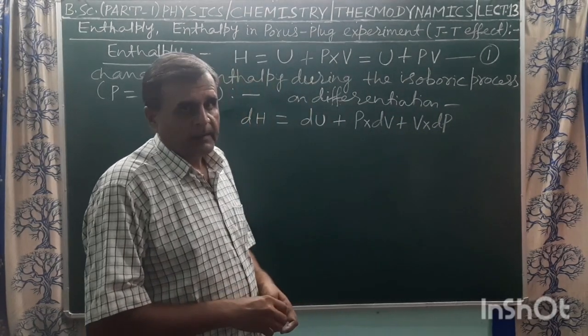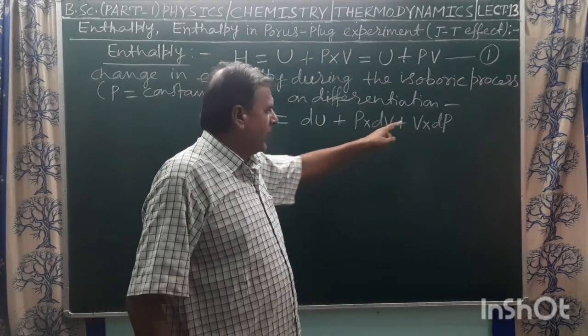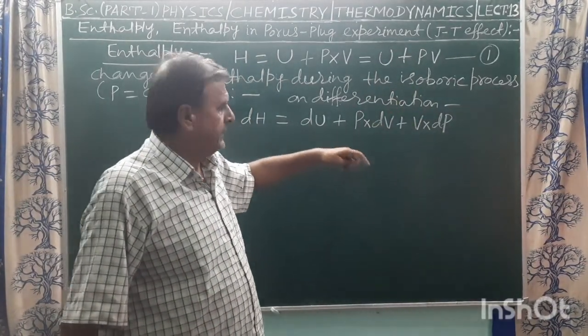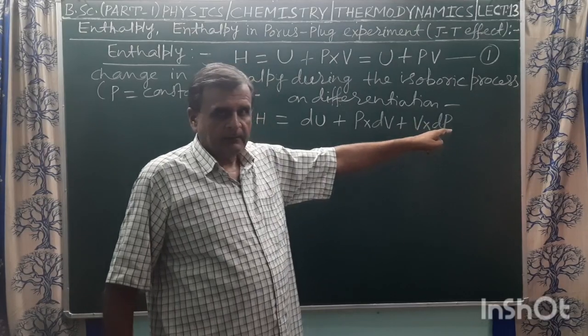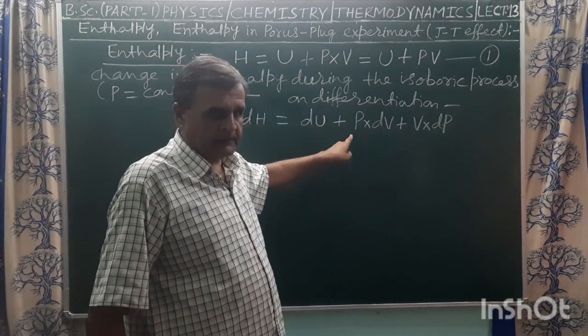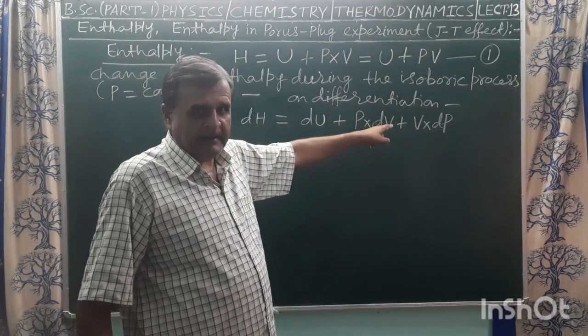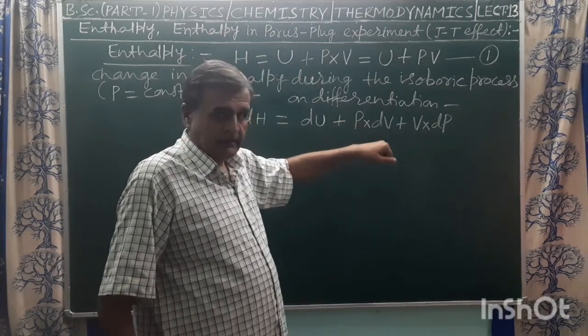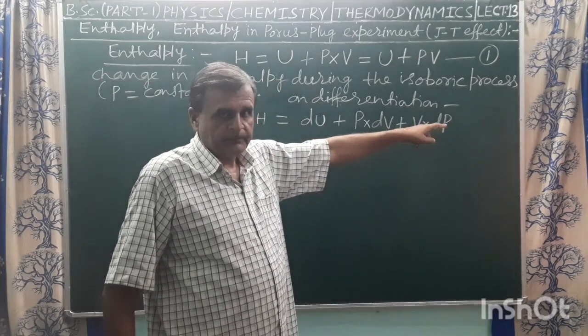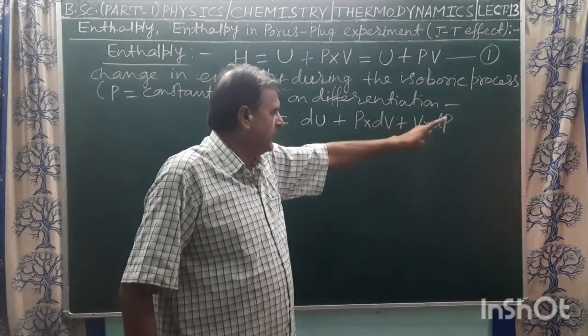taking pressure and volume constant one by one, and volume and pressure variable. If pressure is taken constant, then volume is variable, so it is P into dV, and when volume is constant, then pressure is variable, so it is V into dP.